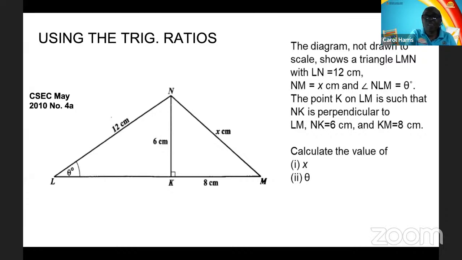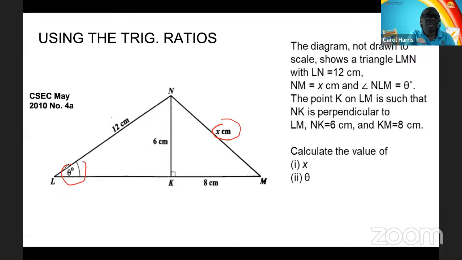So you pull out things like that, because sometimes it may not be in your diagram. If it's perpendicular, then angle NKM will be 90 degrees, and hence we can put in that 90-degree marker. NK is 6 centimeters, KM is 8 centimeters. We're asked to calculate the value of X and the measure of angle theta.